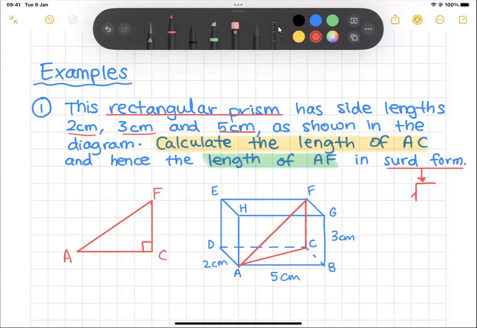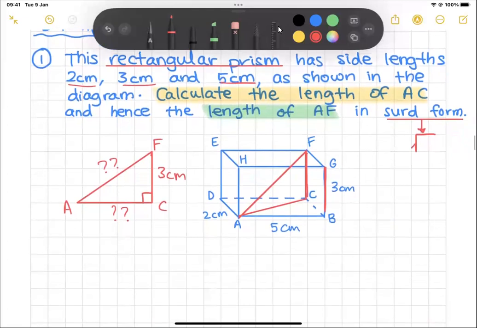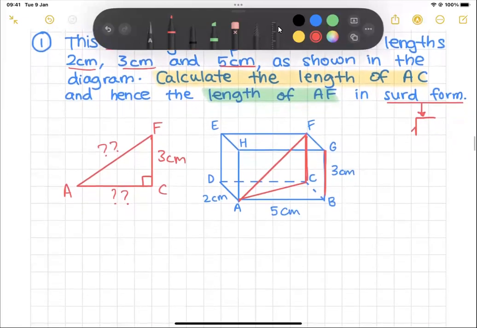There are some things that I know. I know what FC is, which is 3 centimeters, just like the ones here, the exact same. But I don't know what AF and AC are. If I look at this diagram here, I know what AB is, and I know what DA is.